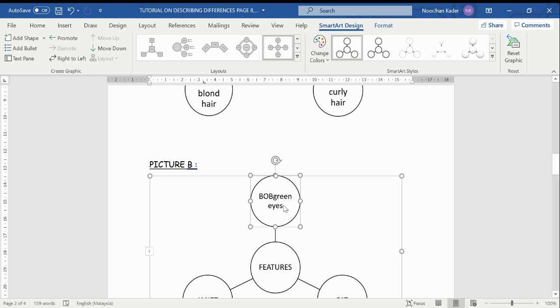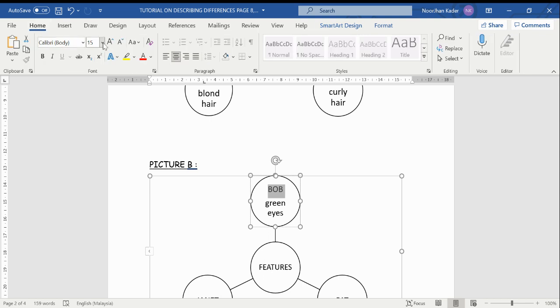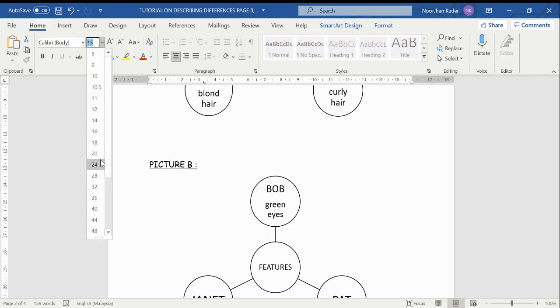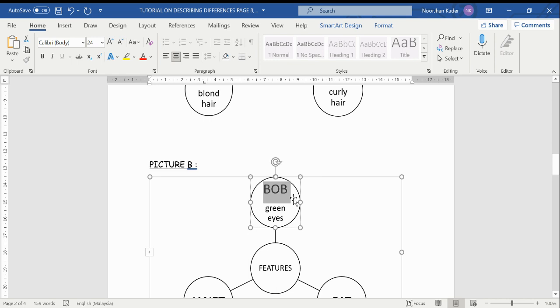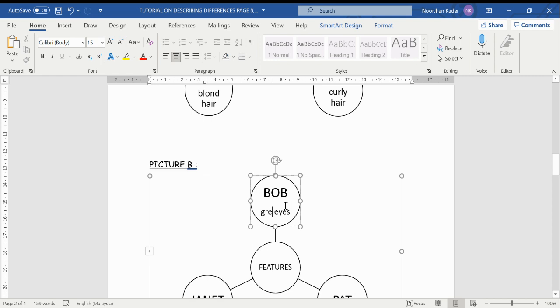Okay, I don't know what's the problem here. I'll try to fix it for you. Okay, that's better. Oh no, Bob doesn't have green eyes.